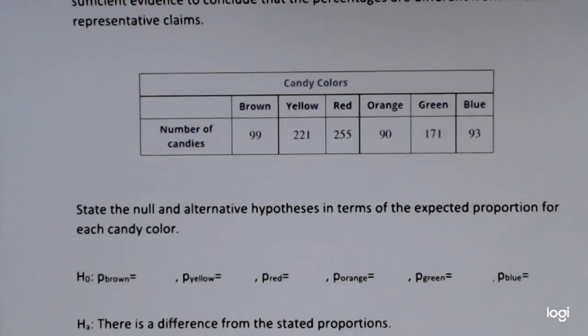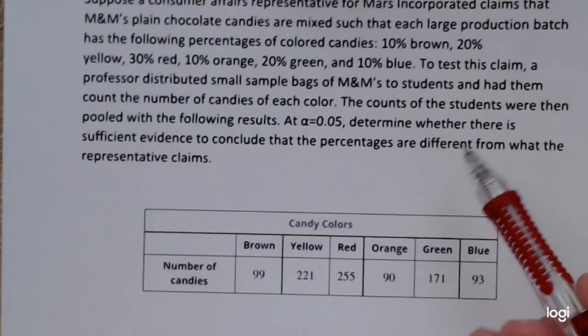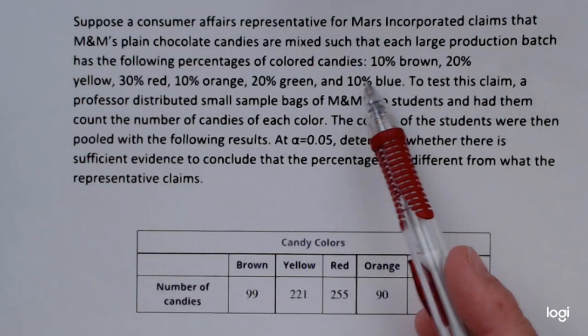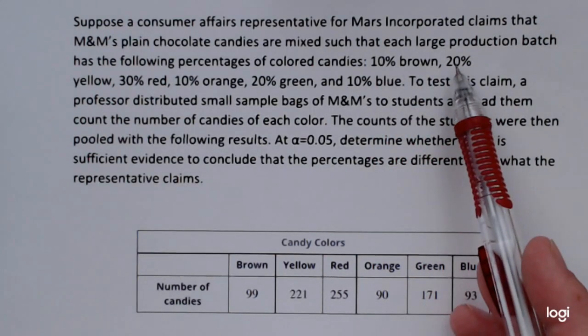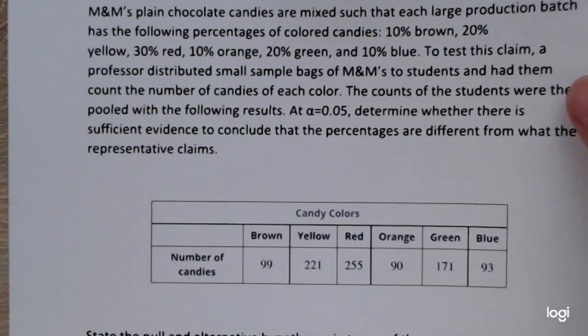Now, the manufacturer is not claiming that the colors are distributed the same. In other words, they're not distributed in a uniform manner. We could easily do a chi-square goodness of fit to test whether or not this is a uniform distribution. But we're given the claim parameters, proportions in the problem. So 10% brown, 20% yellow, 30% red, and so on.